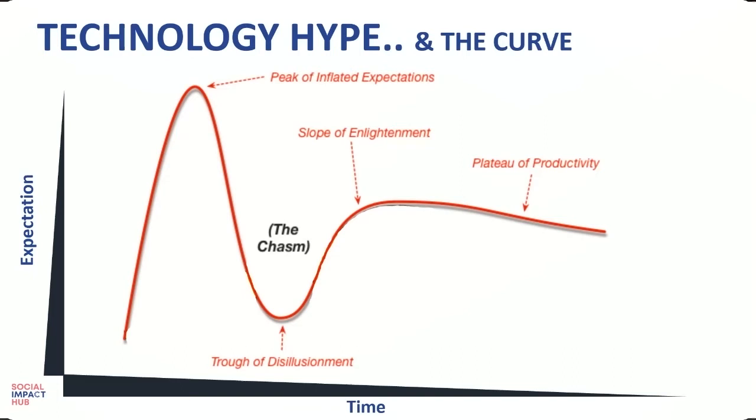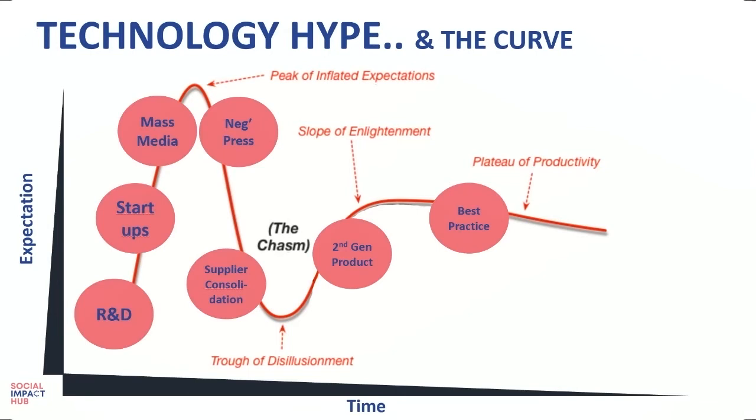Now, if you map this over time, after a period of time when people have an opportunity to test it, try it, apply it, the disappointment starts to kick in, and then you end up in the chasm or the trough of disillusionment, as it's called here. And then after a period of time, things settle down and people get a bit more familiar with the technology, and then it tends to be plain sailing after that.